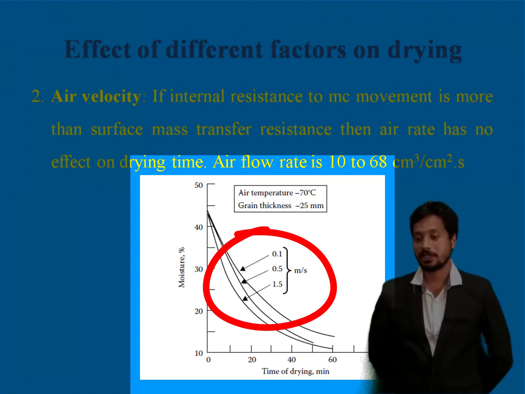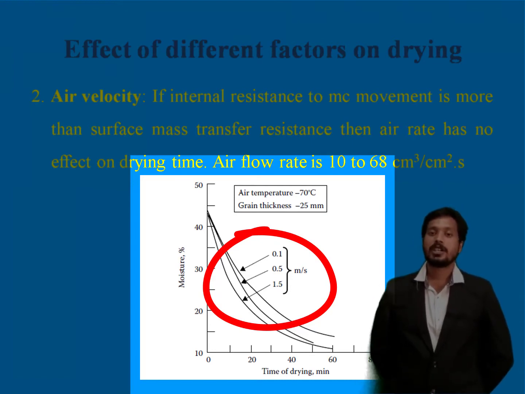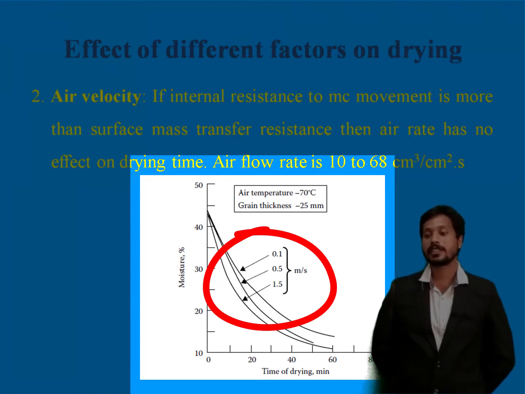Whereas at 0.1 meter per second, the moisture content reduction occurs, but comparatively not as much as at 1.5 meter per second. The moisture content is reduced only up to a certain level, which is less than the reduction at 1.5 meter per second velocity.